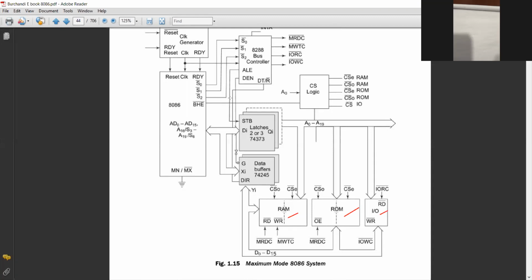So I'm not explaining these portions again and again. All are CS0, CS1, IORC. Basically the same as what I described.